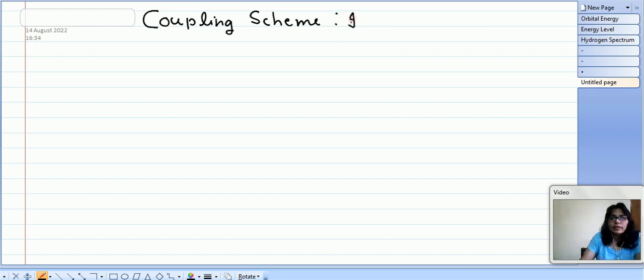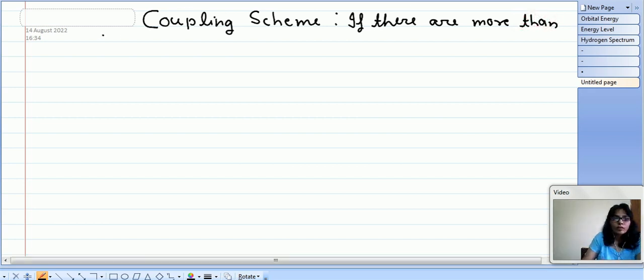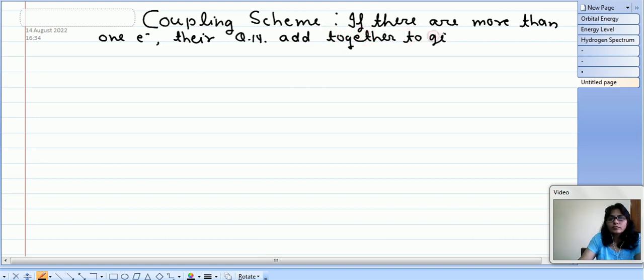If there is more than one electron, their quantum numbers add together to give the quantum number of the atom.